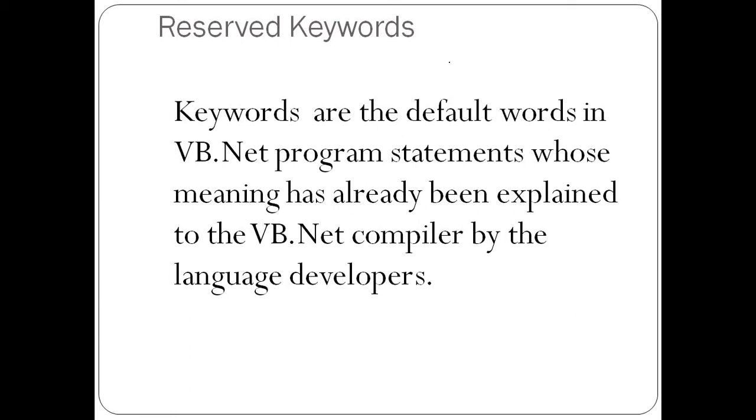As a programmer, we cannot use these words in our program as a variable name. Keywords are the terms generally used in programming, but there are some reserved words whose names we cannot use as variable names in our programs.